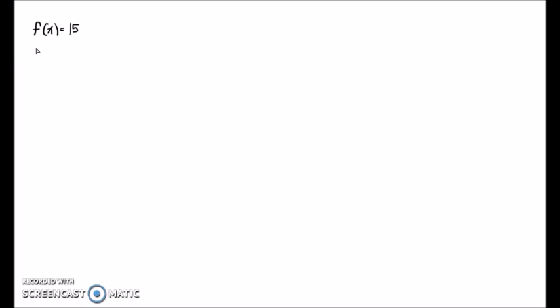So instead of finding the derivative using the definition, we can just simply write the derivative of f of x is equal to 0. Yun lang. Wala ka nang isosolve. Automatic siya.